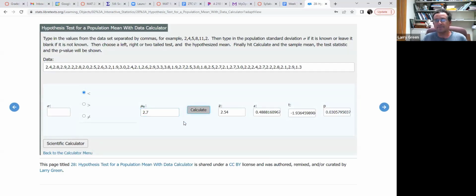And hit calculate. Okay, so by the way, here's X bar. Here is S. And the test statistic is negative 1.9365.